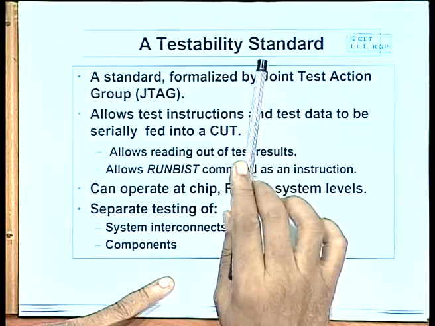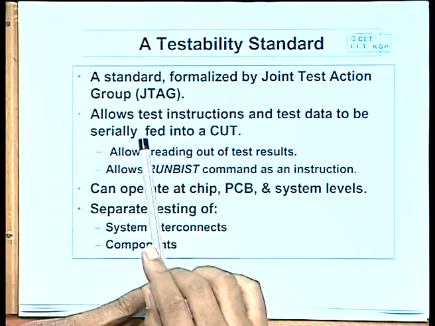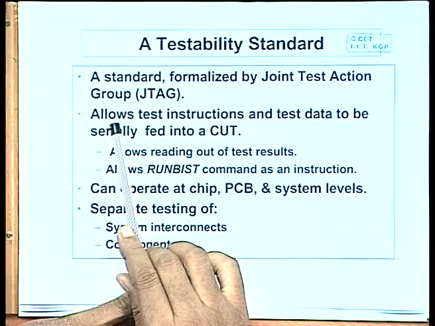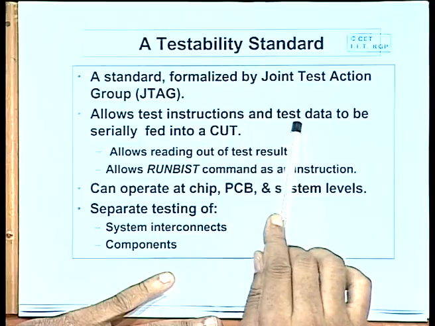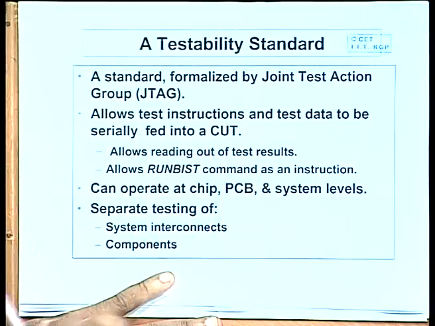JTAG compliance means they have a boundary scan feature inbuilt or embedded in the chip. Okay? They call it JTAG. Now, using this testability standard, what we achieve is that this standard allows test instructions and test data to be serially fed into a circuit under test.